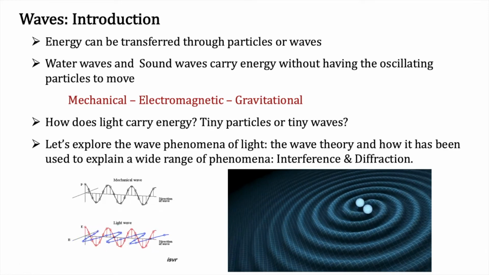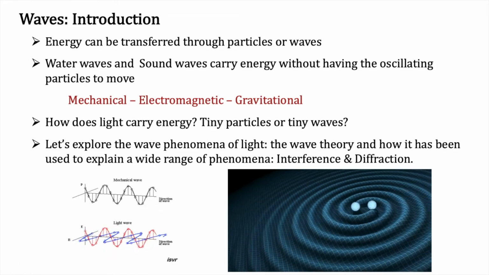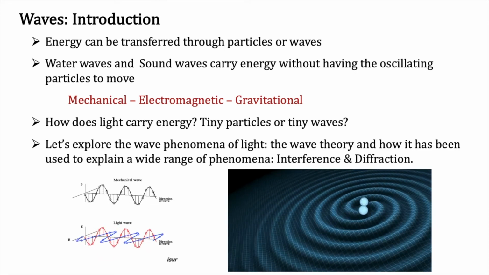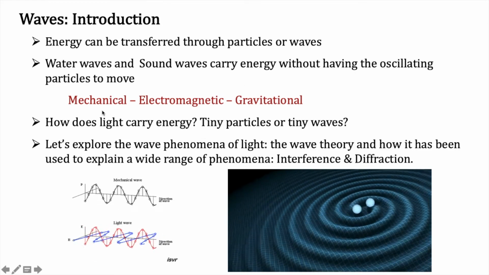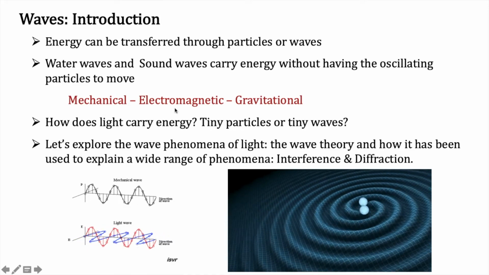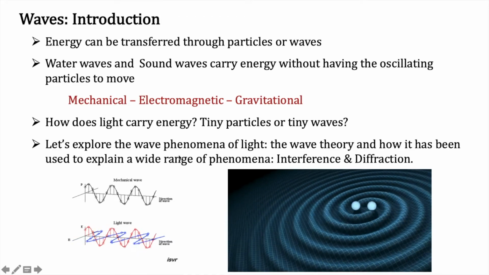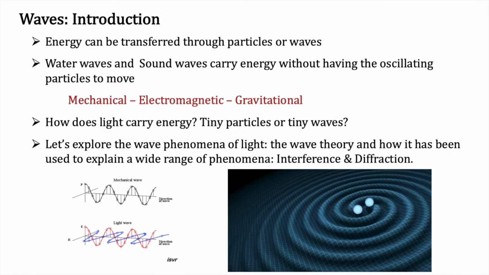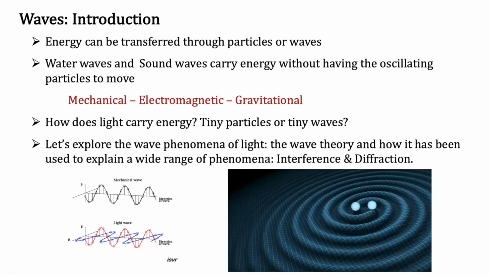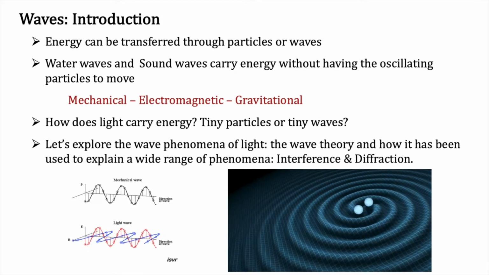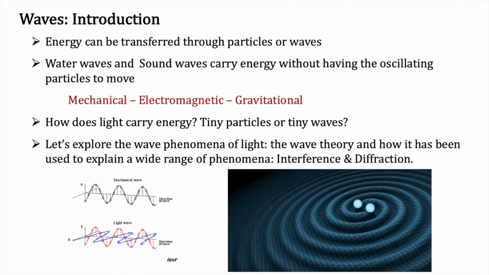We can also characterize these waves as mechanical, electromagnetic, and gravitational waves. The sound waves and water waves are mechanical waves. The oscillations across the whole electromagnetic spectrum, from radio to visible to gamma ray, all constitute electromagnetic waves.